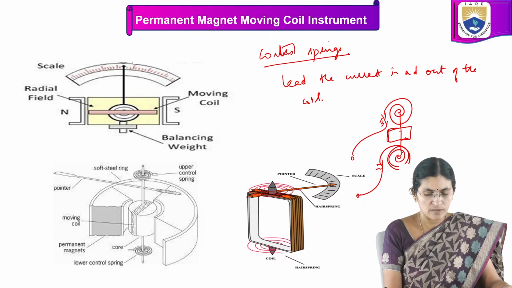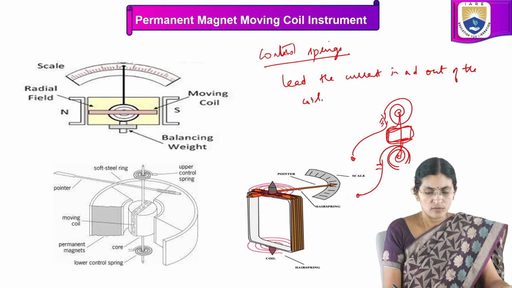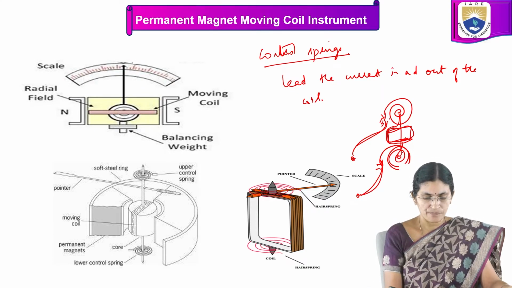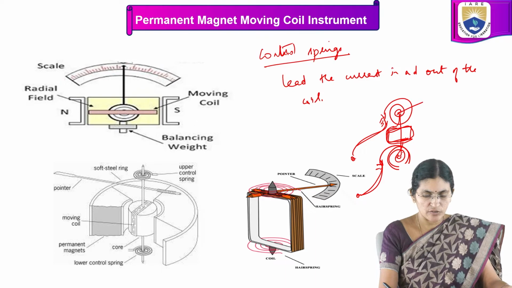On this we have the coil which is placed here. This coil is connected here. So current is led into the coil with the help of the springs. This spring is attached to this spindle on which the spring is there.